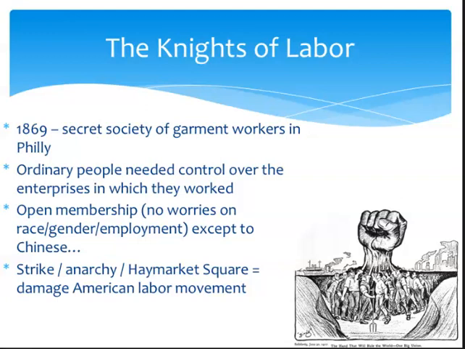Remember this whole Chinese Exclusion Act and different things. And so anyone could be a part of it unless you were Chinese. They would encourage strikes and anarchy. They dealt with the Haymarket Square incident, which is ultimately going to damage the American labor movement. It's going to have the idea of communists and kind of a bad connotation if you understand the Haymarket Square riot a little bit better.